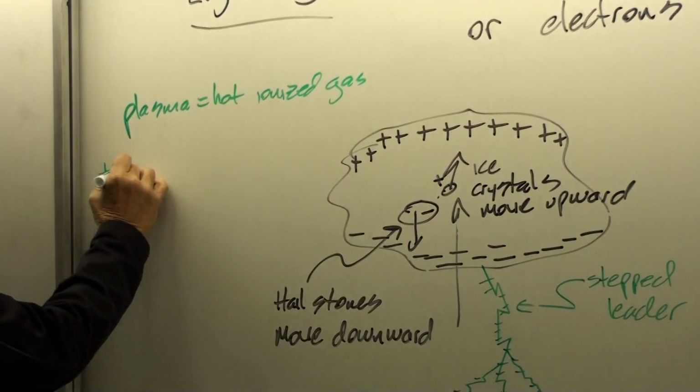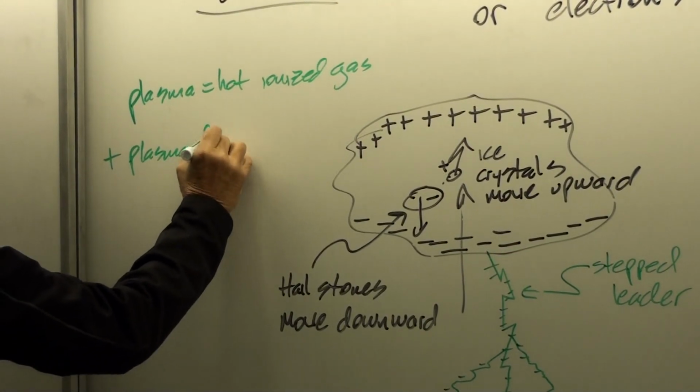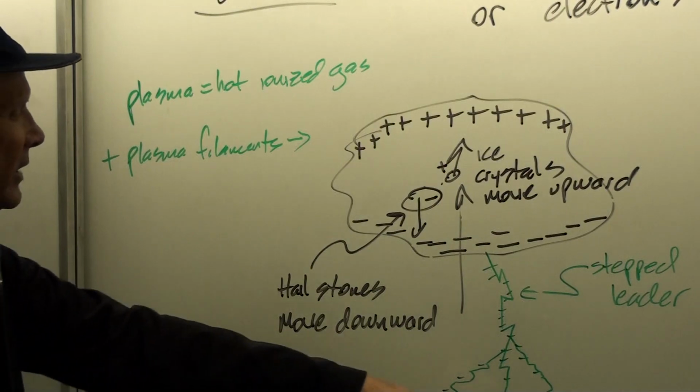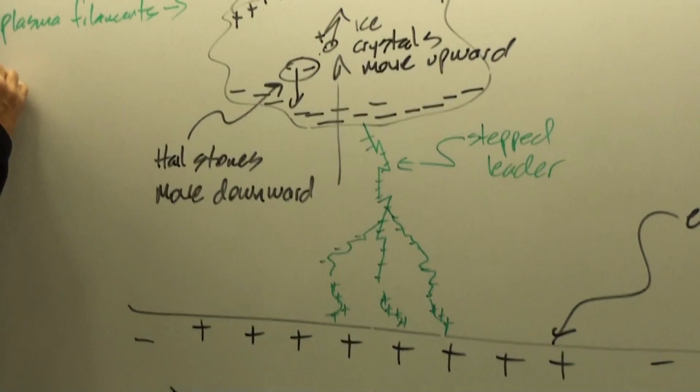And so these positive plasma filaments are actually molecules of air that have had their electrons torn off.